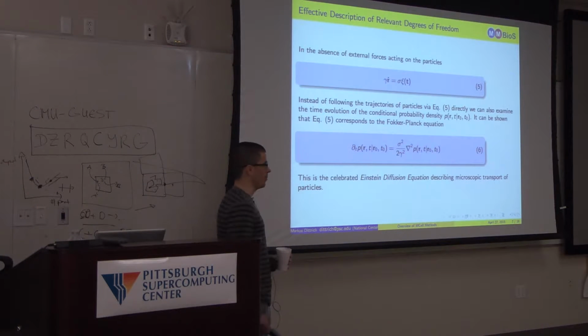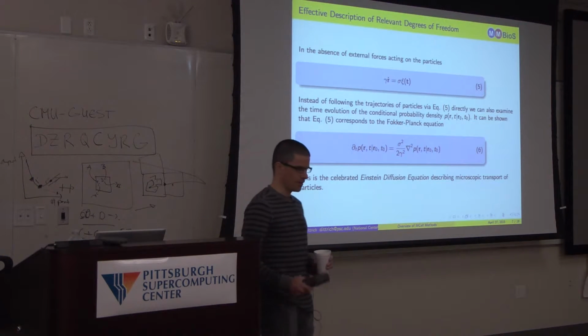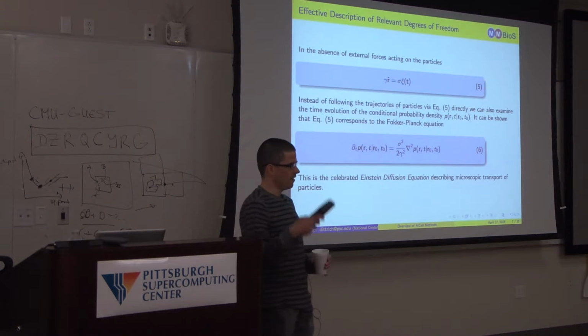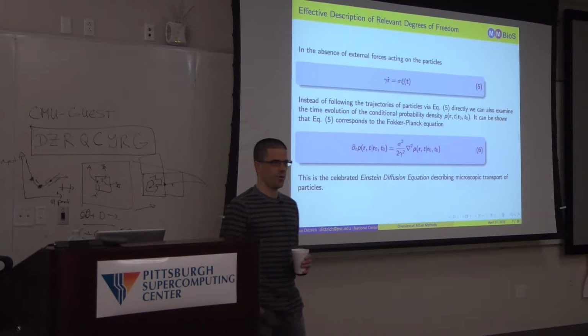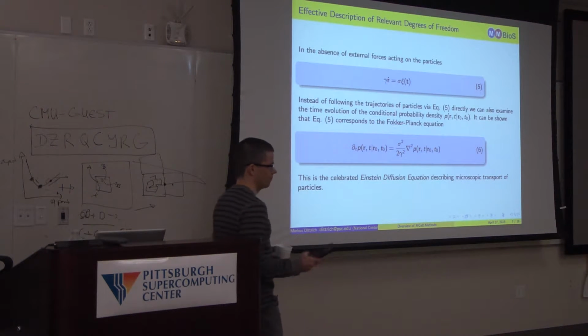This is called a conditional probability density, where we basically ask just these questions. Given that a particle is here right now, what's its probability to be here, here, here, here, here at a later point in time? And the evolution of the system is governed by this probability. So basically, what we are solving is this equation, and you can actually show mathematically that these are equivalent.